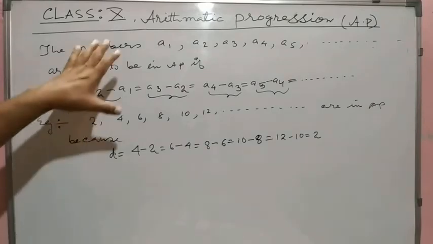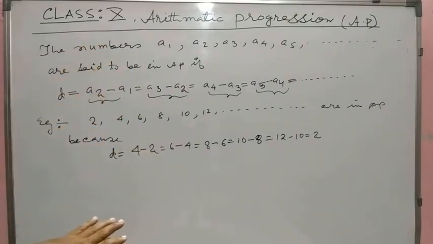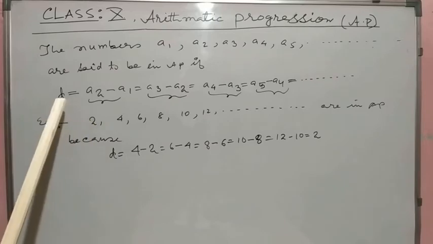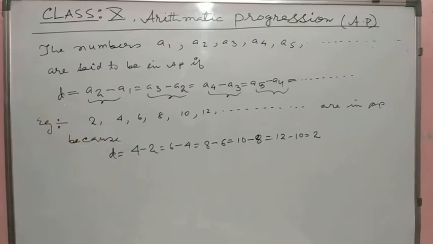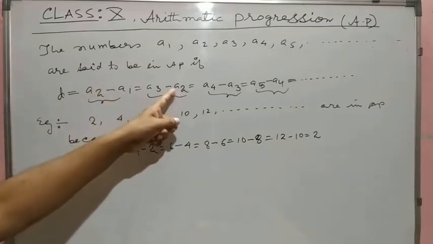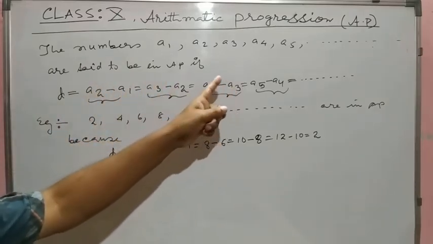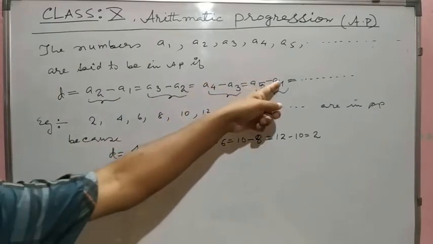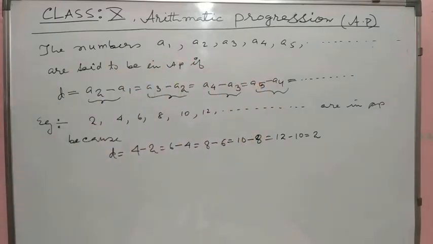So generally we will remember this: if a list of numbers is in AP, we can find the common difference by subtracting first term from second term, or second term from third term, or third term from fourth term, or fourth term from fifth term. These differences are called common difference. Got my point? Okay.